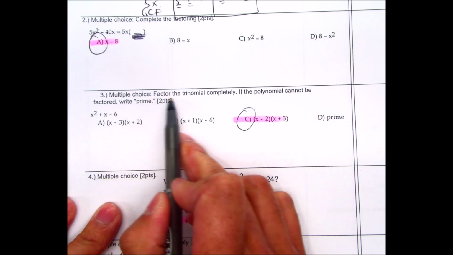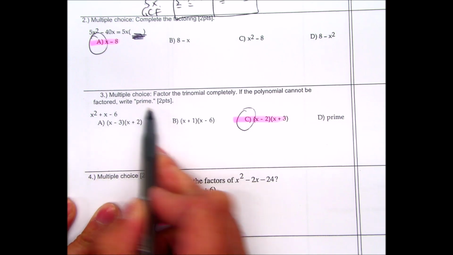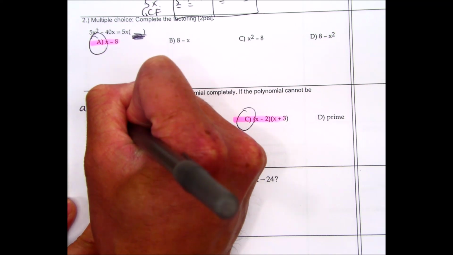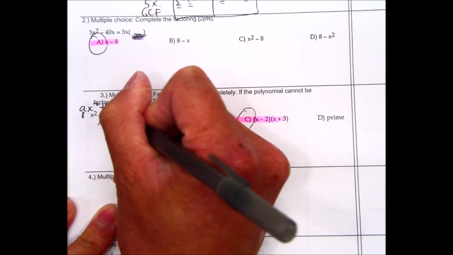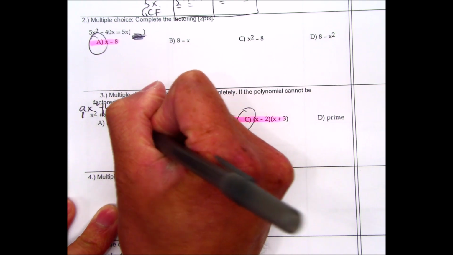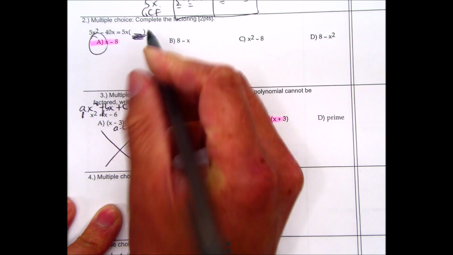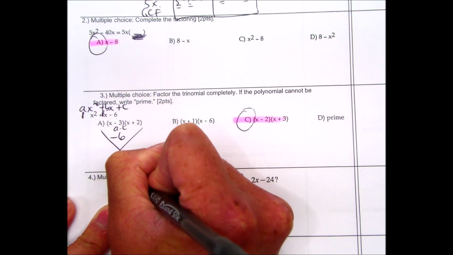Question number 3 says, factor the trinomial completely. If the polynomial cannot be factored, write prime or circle prime. So here I have in standard form quadratics, your A value is 1, B value is 1, and your C value is -6. So I'm going to do A times C. That's 1 times -6, which is -6, and your B value down here is 1.